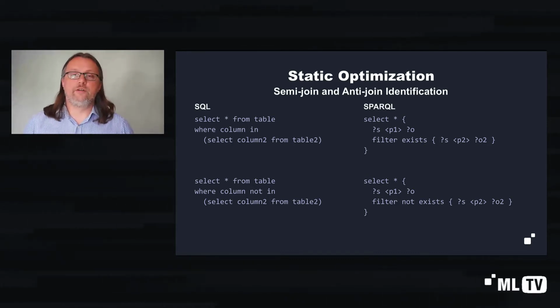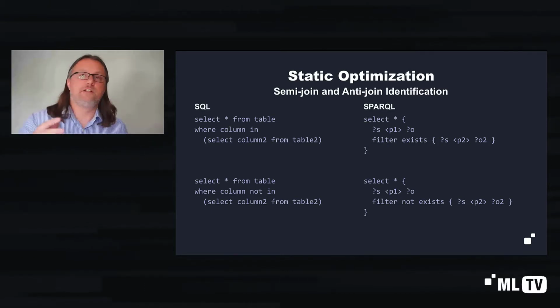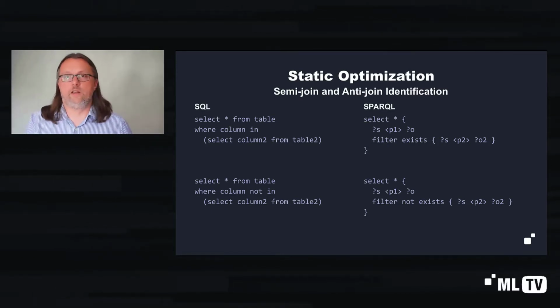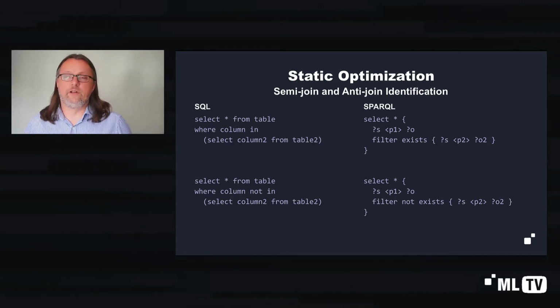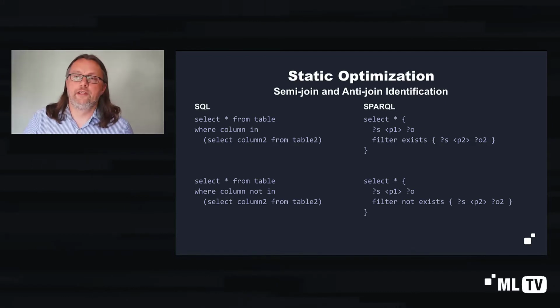And what we can do is we can find those filter expressions and turn those into the join equivalents in a lot of cases. And the join equivalents are a lot more efficient than the filter expressions themselves. So that's a positive improvement to the plan.